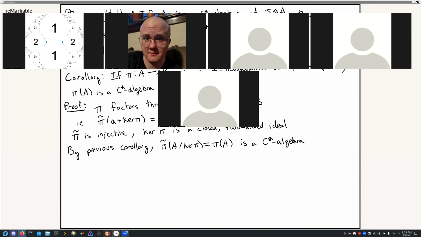So in any circumstance where you have a homomorphism between C-star algebras, which is just a purely algebraic requirement, you don't have to worry about whether the image of that homomorphism is still a C-star algebra.